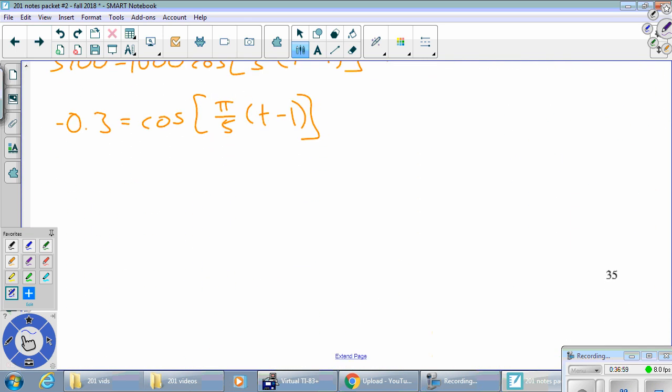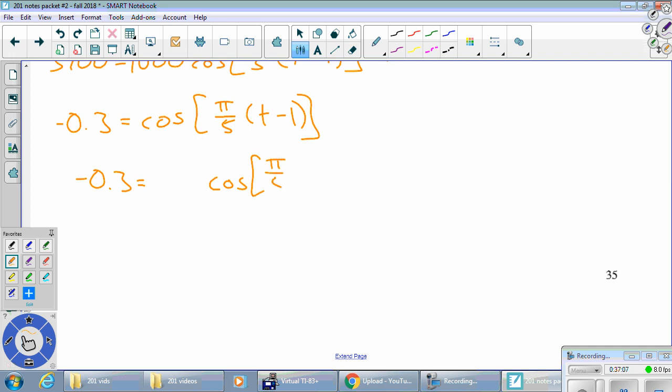So what we are going to do is take the inverse cosine. I'm going to copy this again. A little bit of space. So the way to undo cosine is to take the inverse cosine of both sides. So that's what we're going to do. Inverse cosine always goes in the front. And it's not multiplication, it's inverse cosine of both sides.